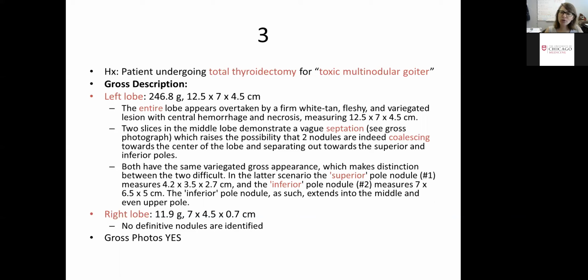And I know the books will tell you hyperthyroid or toxic or hot nodules are likely benign. Not always the case. Okay, so nothing ever reads the book. In this case, what does the gross description from the prosector say, right? So when you're grossing and you're saying toxic multinodular goiter, and you're giving this very nice complex gross description, to me that implies, well, did you go into the chart to see the clinical history if you're just reading toxic multinodular goiter?